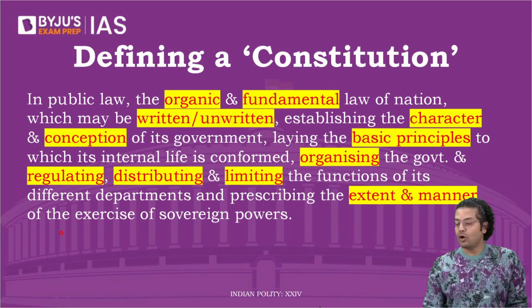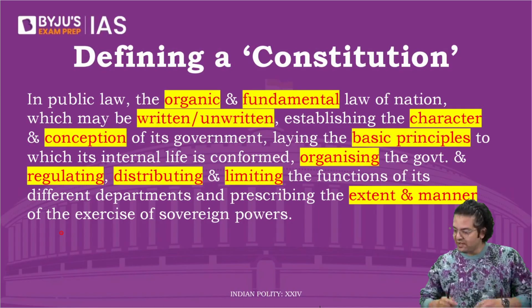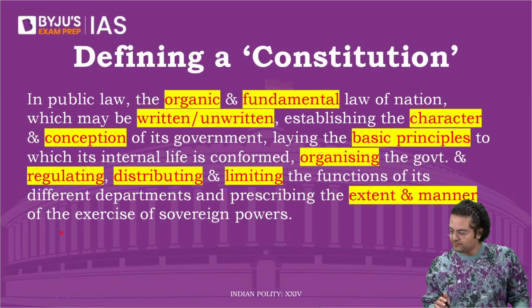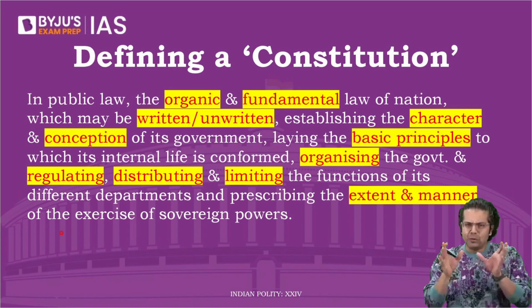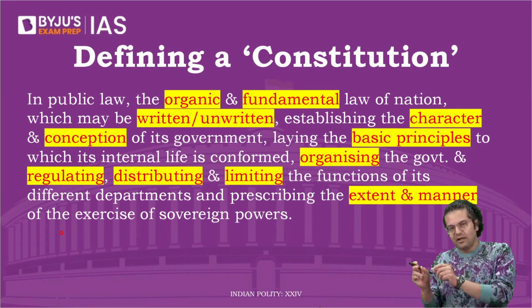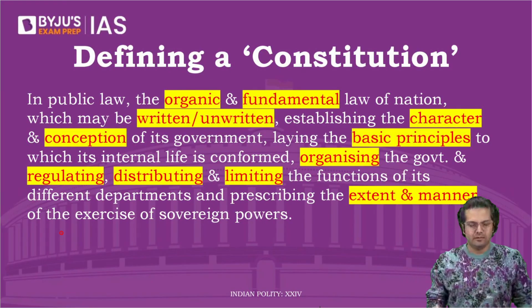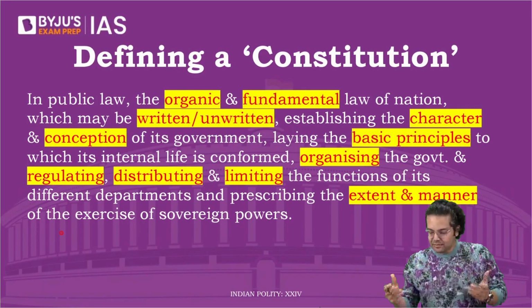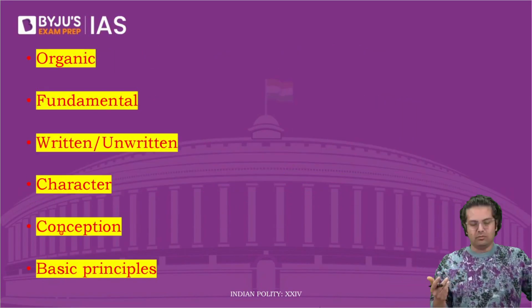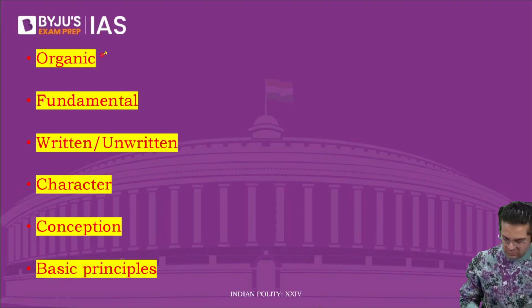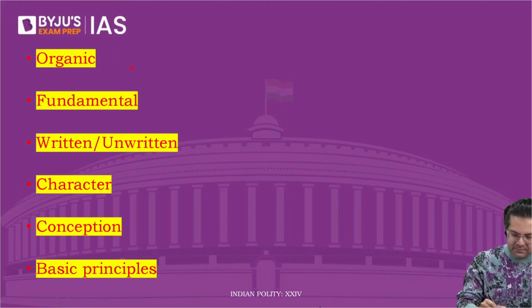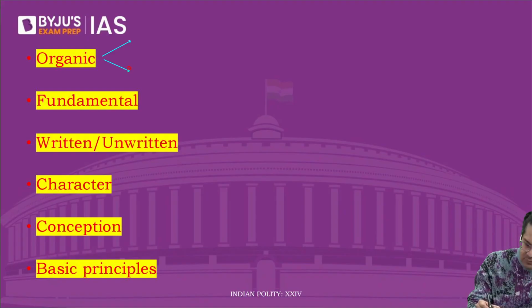And the Indian constitution is a very good example of how beautifully the definition fits India. Let me explain. Organic. We are talking about the organic law. What is organic? Two meanings. Point number 1, organic from the word organ, growth.